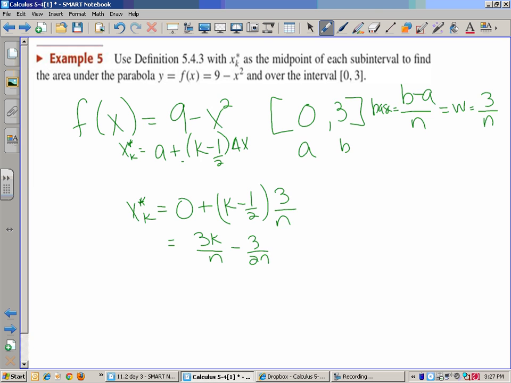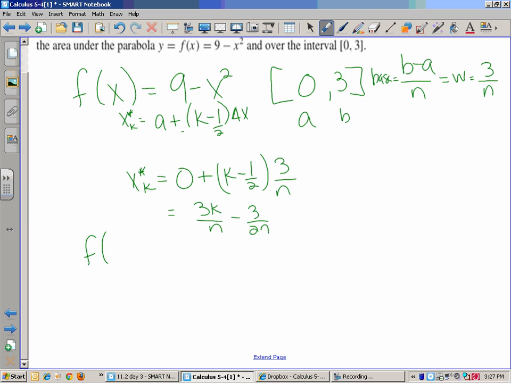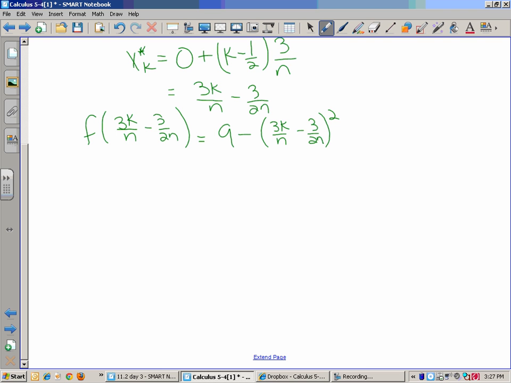And so now I want to have f of 3k over n minus 3 over 2n. And that's going to be 9 minus that thing, squared. Oh, heavy algebra. Oy vey. And in case you haven't heard my whining, I'm not a fan of the midpoint.